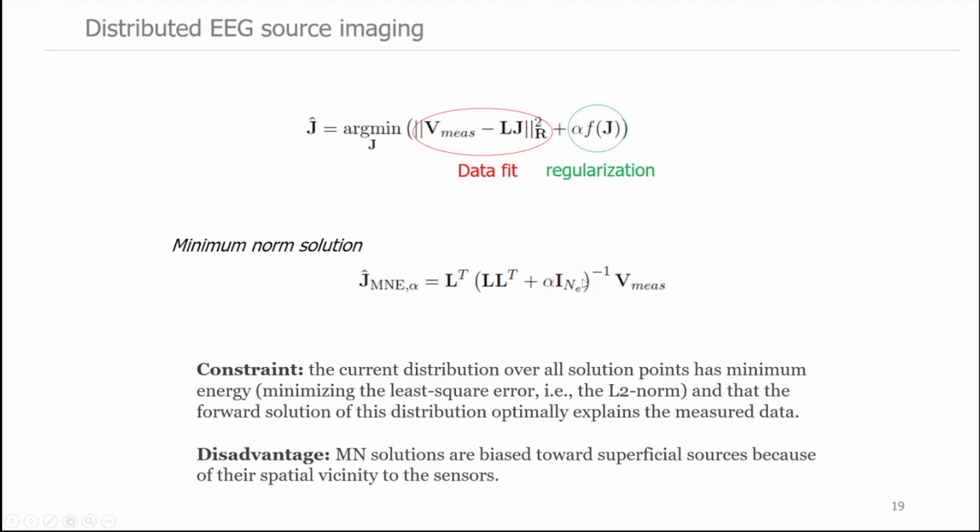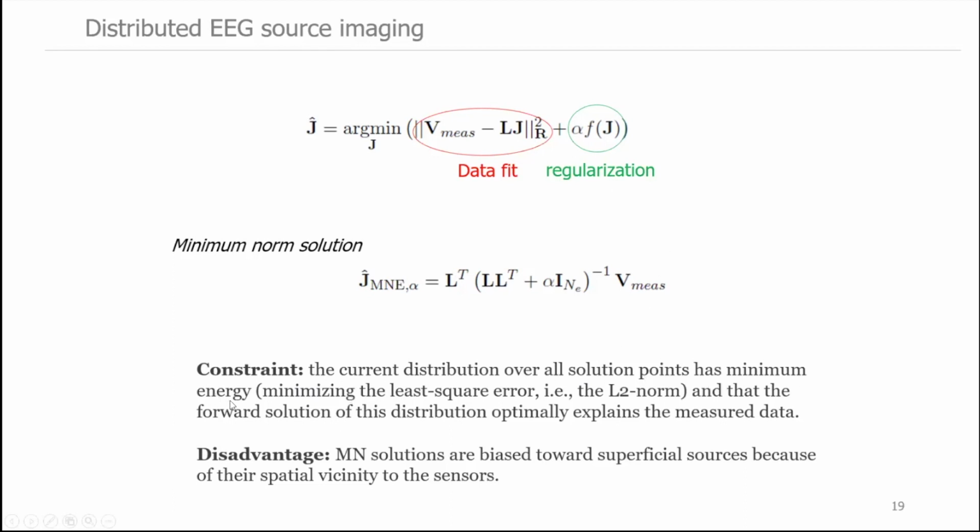You don't need to mind the formulas, but basically based on the lead fields, and the noise that is in the data, you can have a unique solution here. But the disadvantage of minimum norm solutions, because you state here, so as minimum energy.